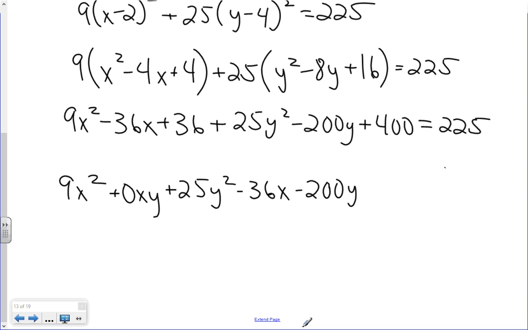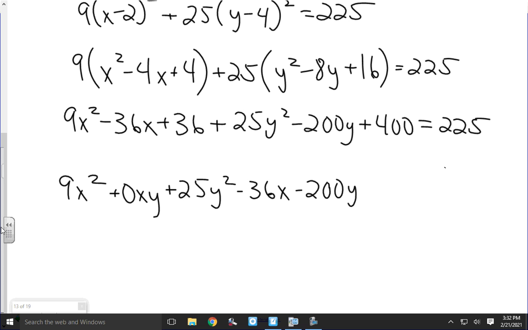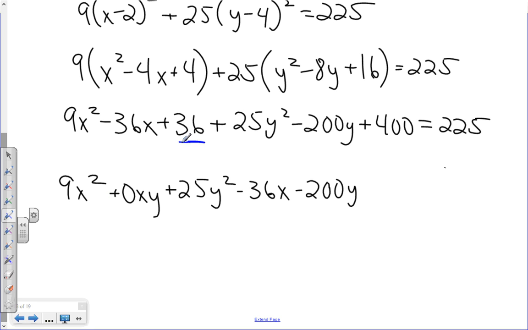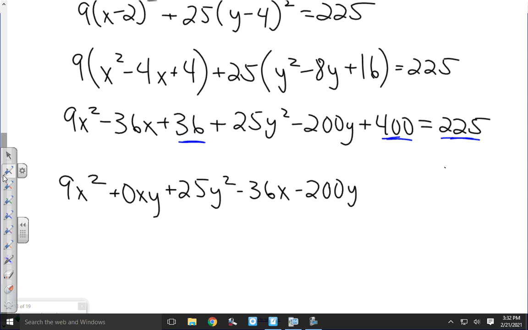Now with the constant, you've actually got 3 terms here, so you got to do a little bit of combining. You got 36 and 400 over here on the left side, and then you got to combine it with the 225 that's over on the right side. So I got to subtract that one, because this needs to be set equal to 0. So 436 on the left, subtract 225 sounds like 221, or 211, sorry.